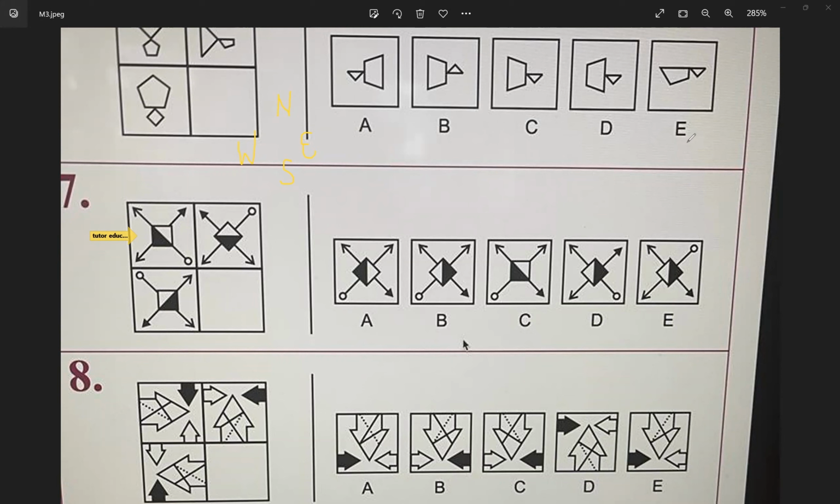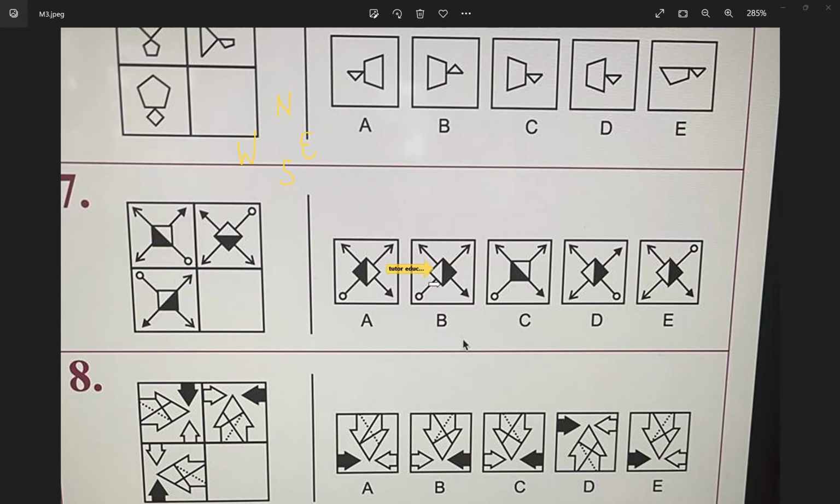Yes, it's B. So when you look at this square, Alize, we can see that this square has rotated 45 degrees anti-clockwise. So this one as well will rotate 45 degrees clockwise, which will look like this.